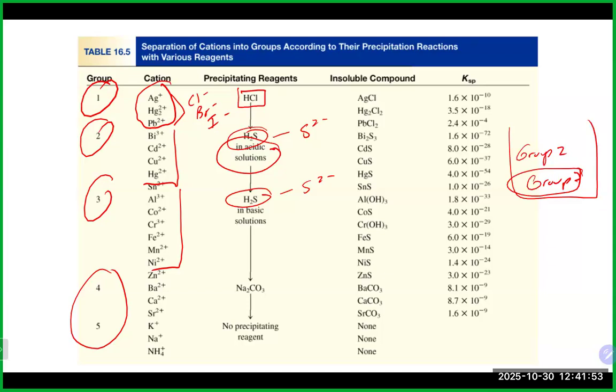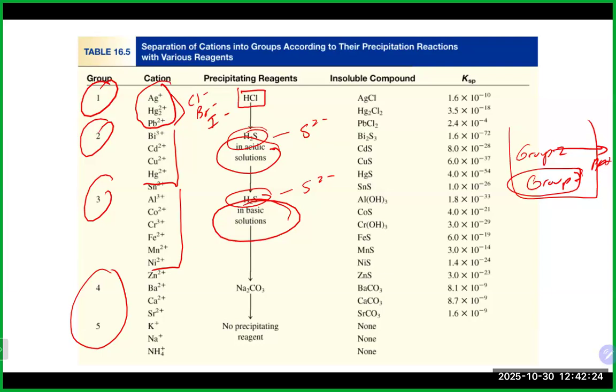That is not the right pH condition for those group 3 ions to precipitate out, even though they're both using the exact same thing to cause the precipitate, the sulfur. Because the pH is super low for group 2, like 0.5, really acidic, that will allow group 2 to precipitate out under those acidic conditions. Then you could swap it the other way and make it really basic. Now you have the right environment for those group 3 ions to come out.